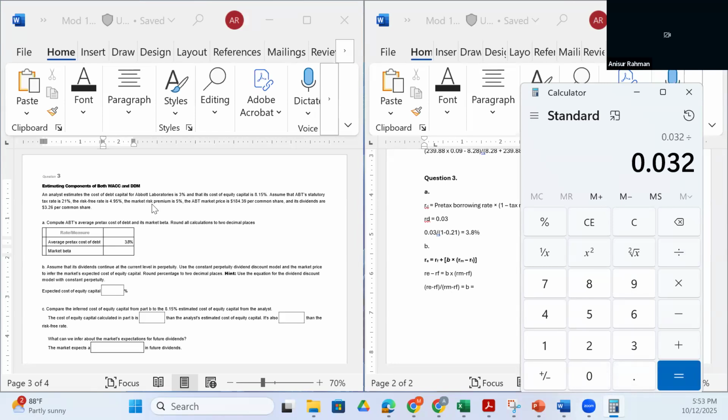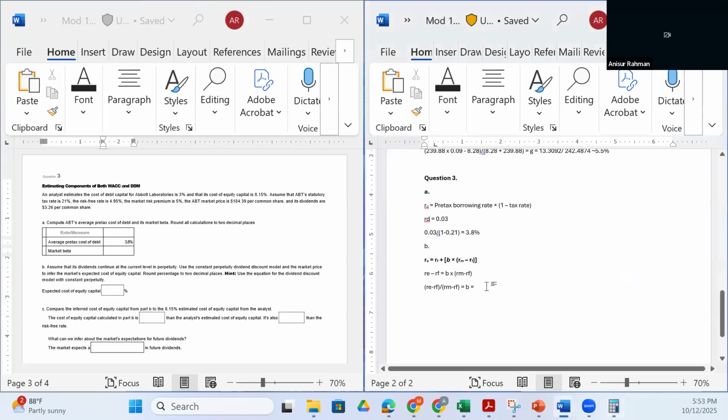We don't have the market return, RM, but we have the market risk premium, which is RM minus RF. And that is more than enough for us, right? We know the entire value of the denominator. So we just divide this by the market risk premium, 5%, and we get 0.64.